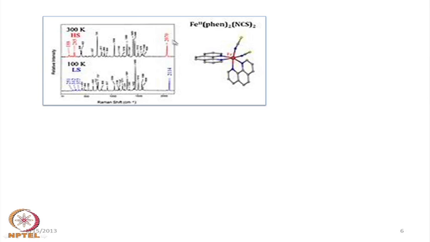This particular stretching frequency is going downward from 2134 to 2070. That downward movement signifies that we have a high spin situation for this particular molecule.